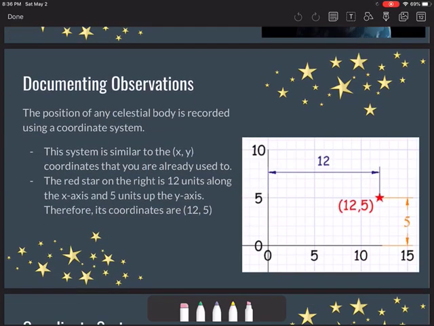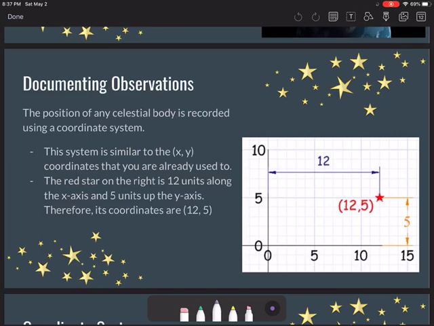We're also going to talk about observation. Any celestial body is positioned, recorded and observed using a coordinate system. Coordinate systems that we are used to, like the XY coordinate system on a Cartesian plane, are something we could also use when documenting observations.